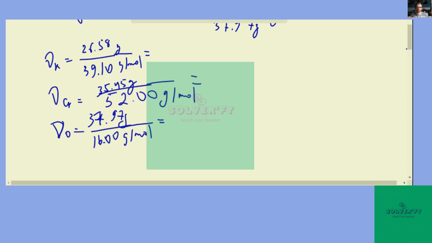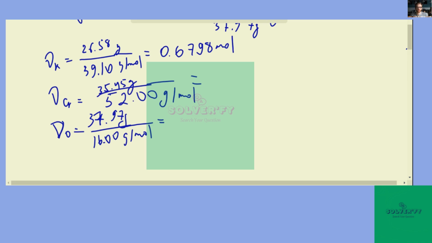Now let's calculate the number of moles for each element. For potassium it is 0.6798 moles.